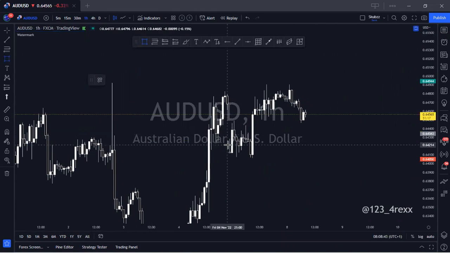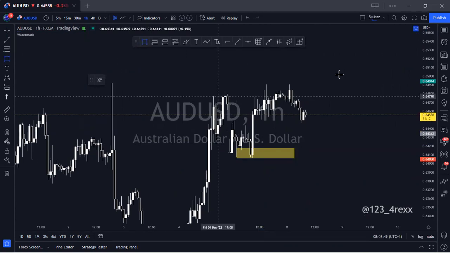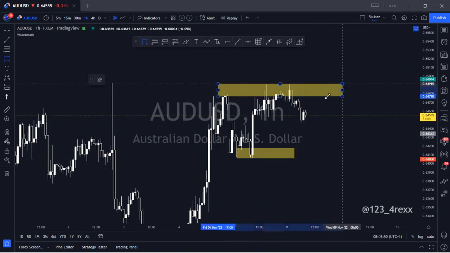We opened around here yesterday. We created this low. Then we pushed to the upside, and then we created this high right here.